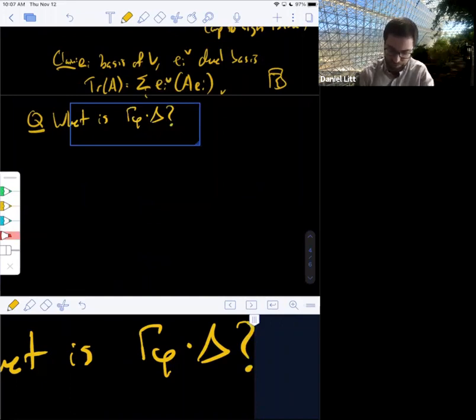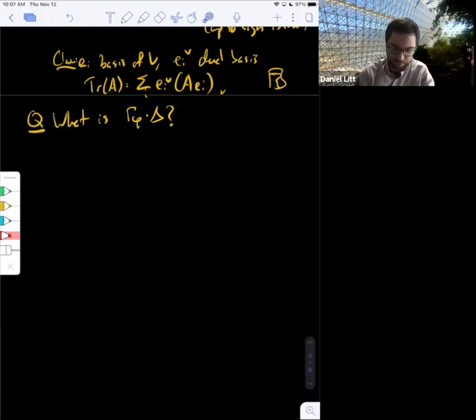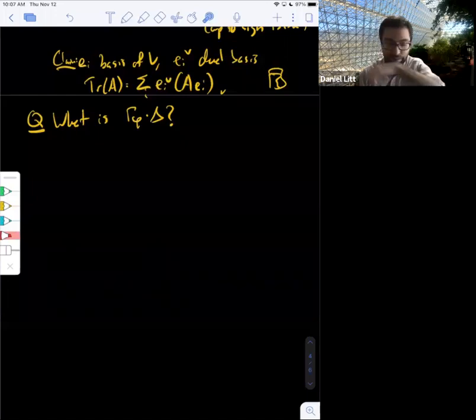So for example, if their intersection contains a positive dimensional component, for example if phi is the identity, then you're taking the intersection product of delta with itself, that's not a finite set. And in general, phi might have fixed points with multiplicity, so you have to know how to count them.